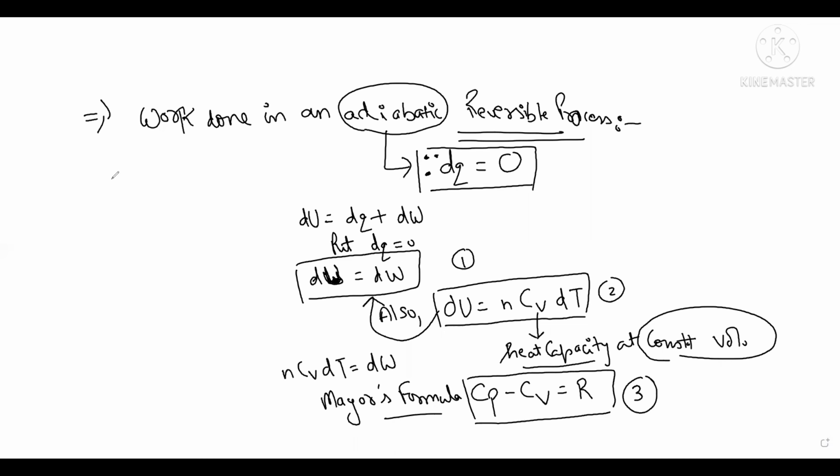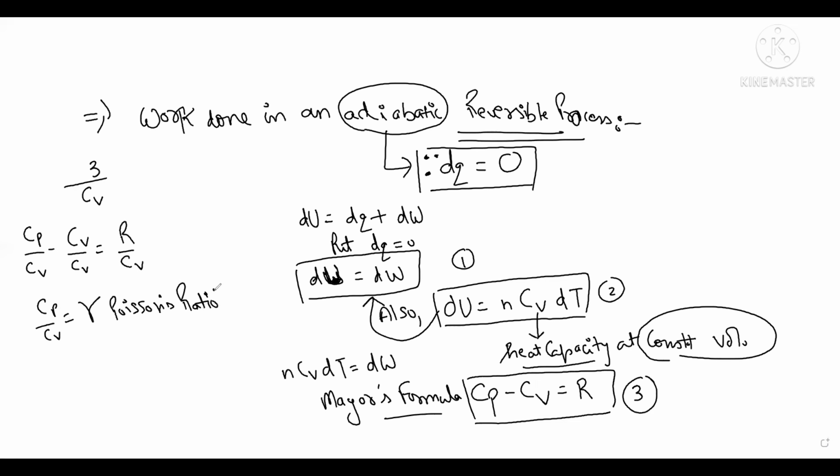Now divide equation 3 by Cv. So the equation becomes Cp by Cv minus Cv by Cv equals R by Cv. Cp by Cv is called the Poisson's ratio, and this symbol is called gamma.